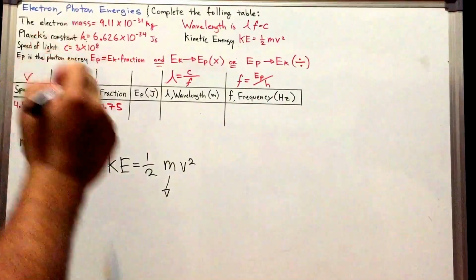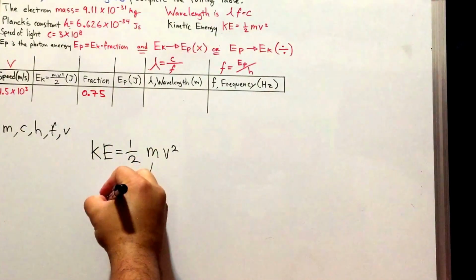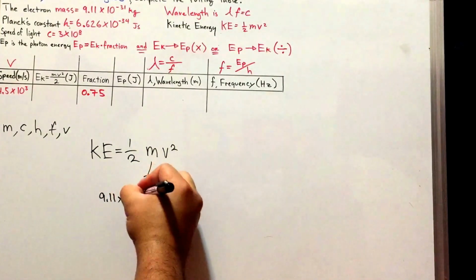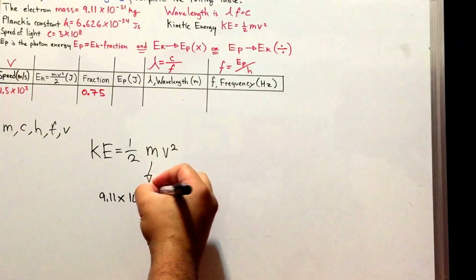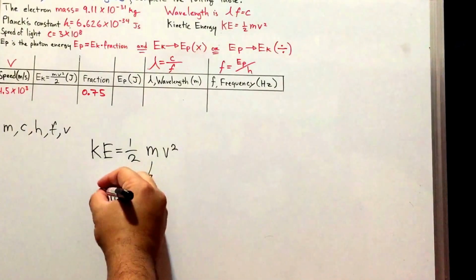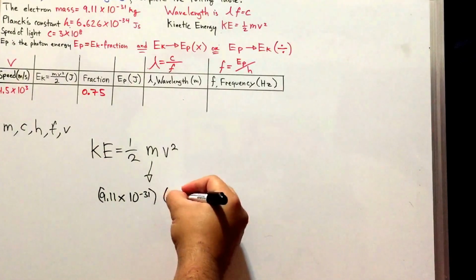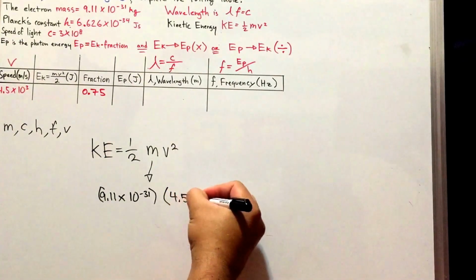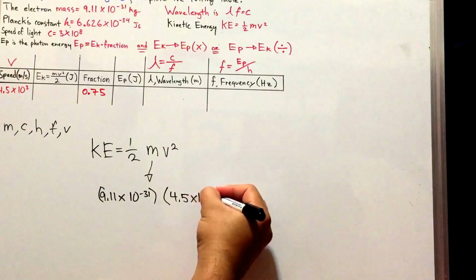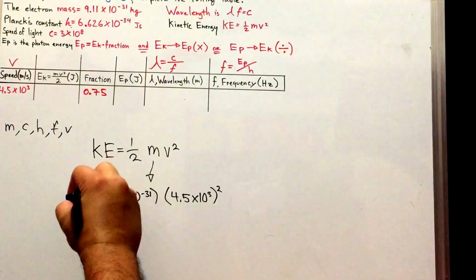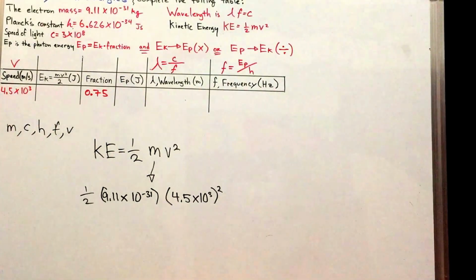Mass is 9.11 times 10 to the negative 31 and the velocity is 4.5 times 10 to the third power squared. So let's go ahead and calculate this.